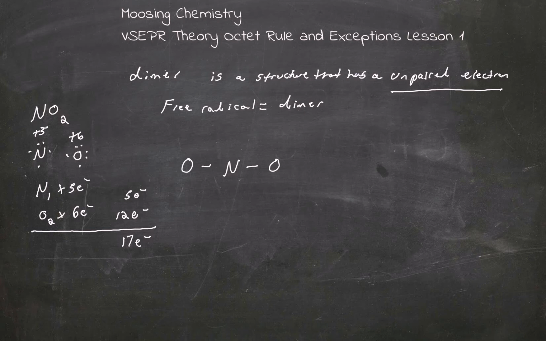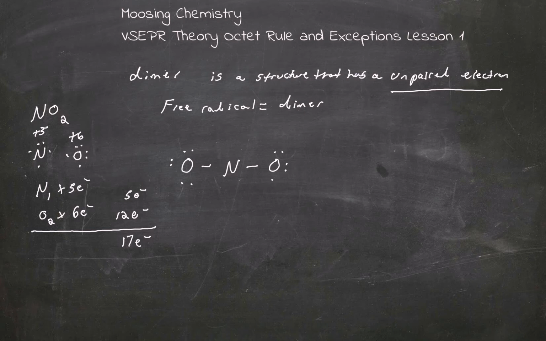So we got 2, 4, 6, 8, 10, 12, 14, 16, whoa, wait a minute, 17. So there's that one dot by itself.